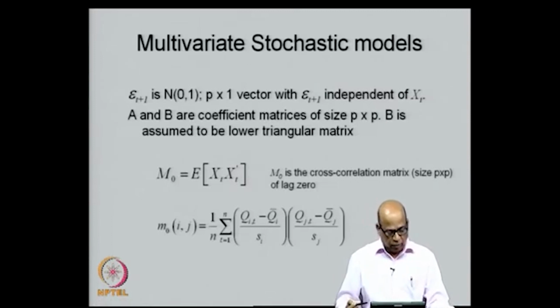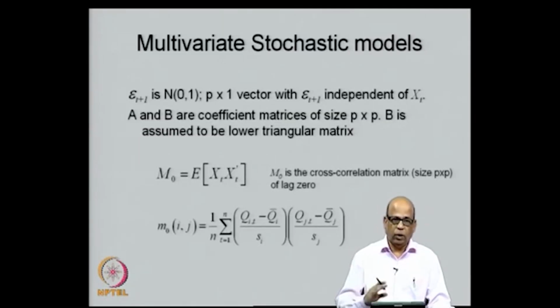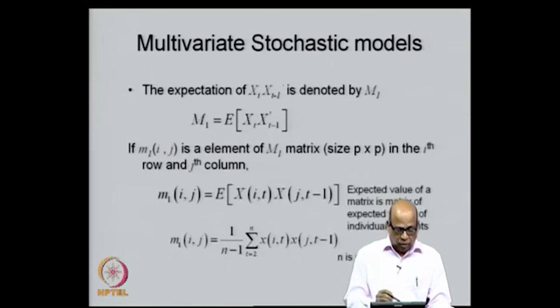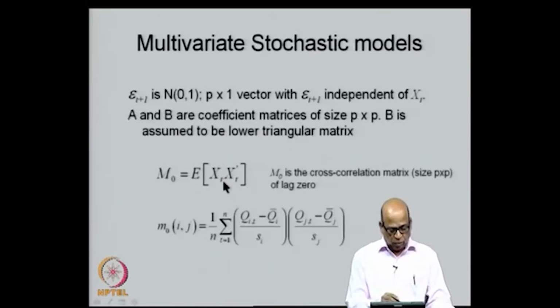Now, similarly, we will define another matrix m 1, and both m naught as well as m 1 together will be useful in determining A and B. Our objective of introducing these is finally to write some elegant expressions for determining A and B. The way I defined m naught was, I took the expected value of x t x t prime.